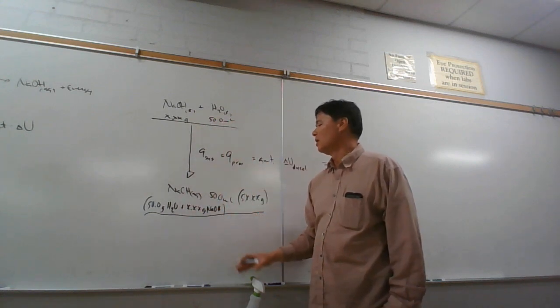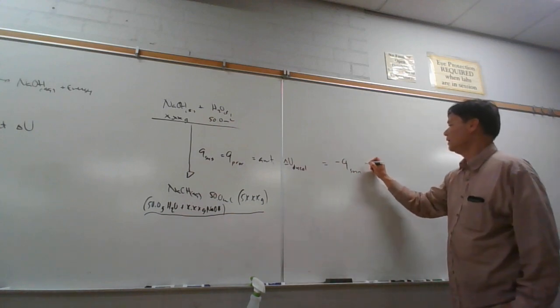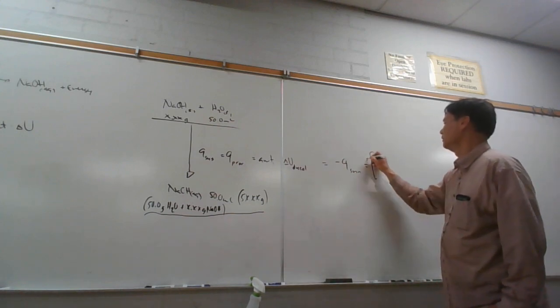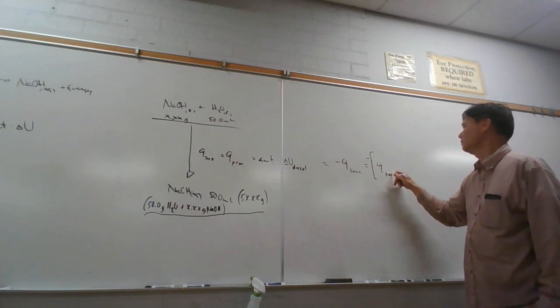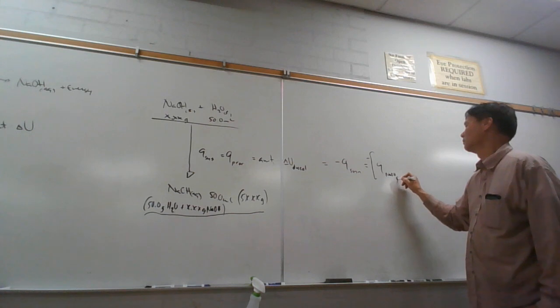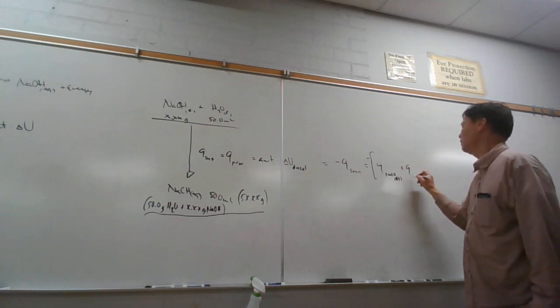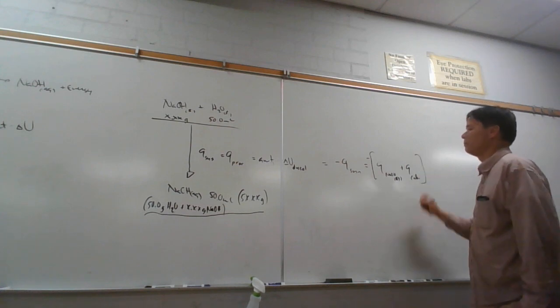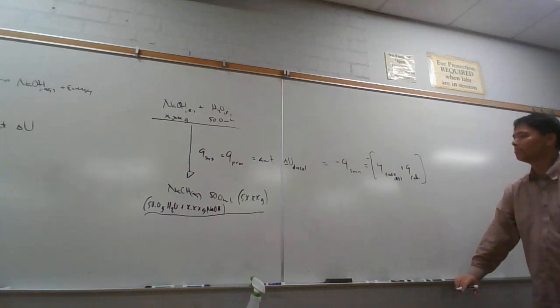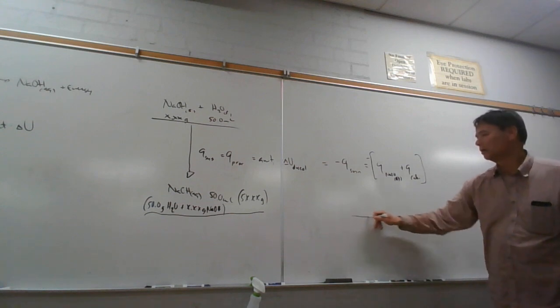What's left over? What's left over is the surroundings. The surroundings will consist of Q of the sodium hydroxide solution, NaOH aqueous, plus Q of the calorimeter, because the coffee cup will also warm up. Okay, so that will be over here.